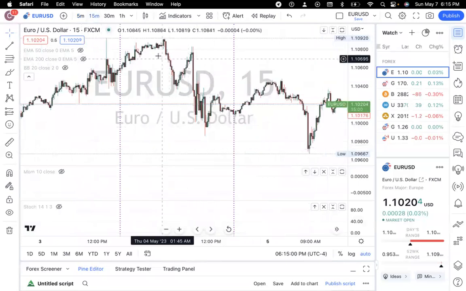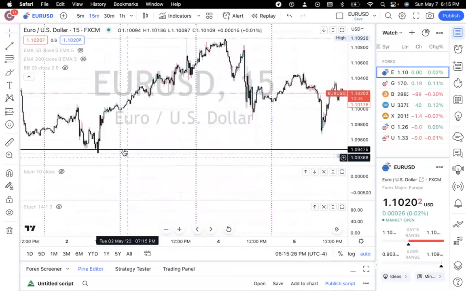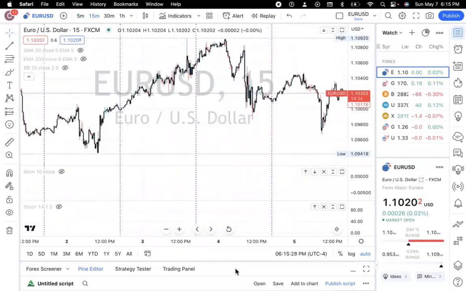If the market is on a down slope, it means that there are more opportunities to sell, and we can see that the market is dropping. We can see that it was here, then the highest point was here, then the highest point was here before there was a little turnaround. So you can really identify the trend by looking at it, and the indicators are just going to confirm what you're seeing.